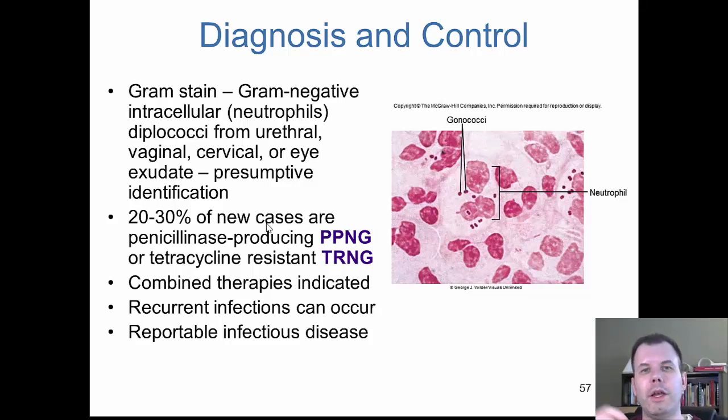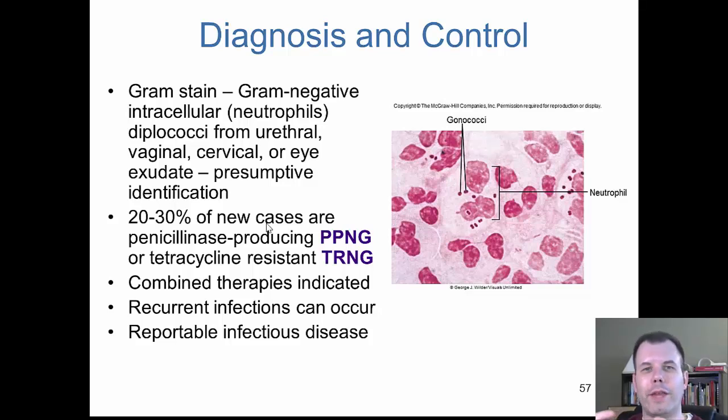Same thing for women, going around the vagina or urethra and looking in there. And again, looking at the exudate, vaginal, cervical, or eye exudate from secretions, and then doing presumptive identification. Most of them can be treated with penicillin or tetracycline. However, a lot of them now, 20 to 30%, we're finding are being resistant.